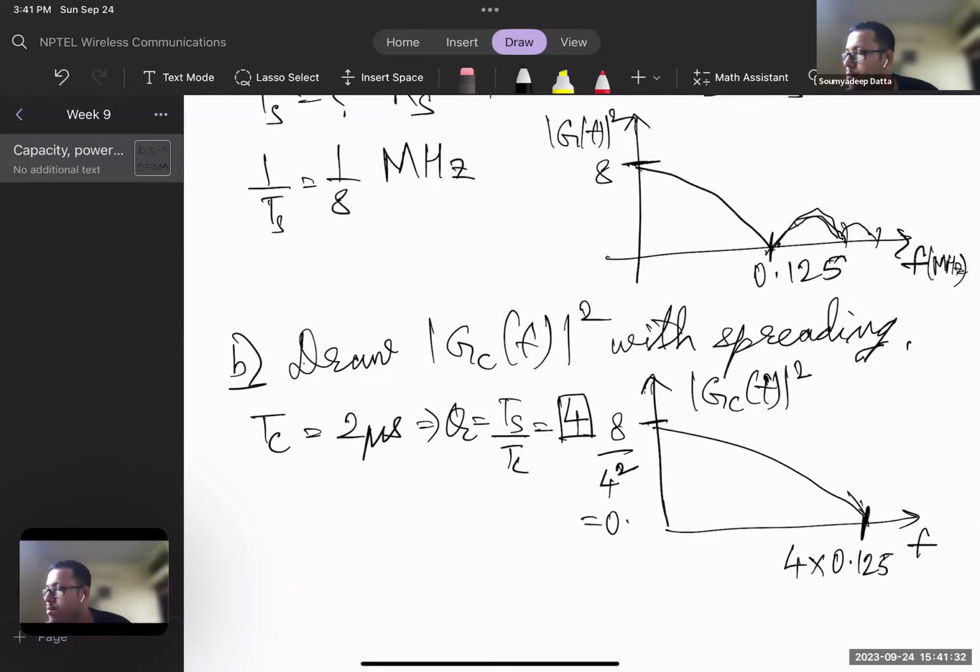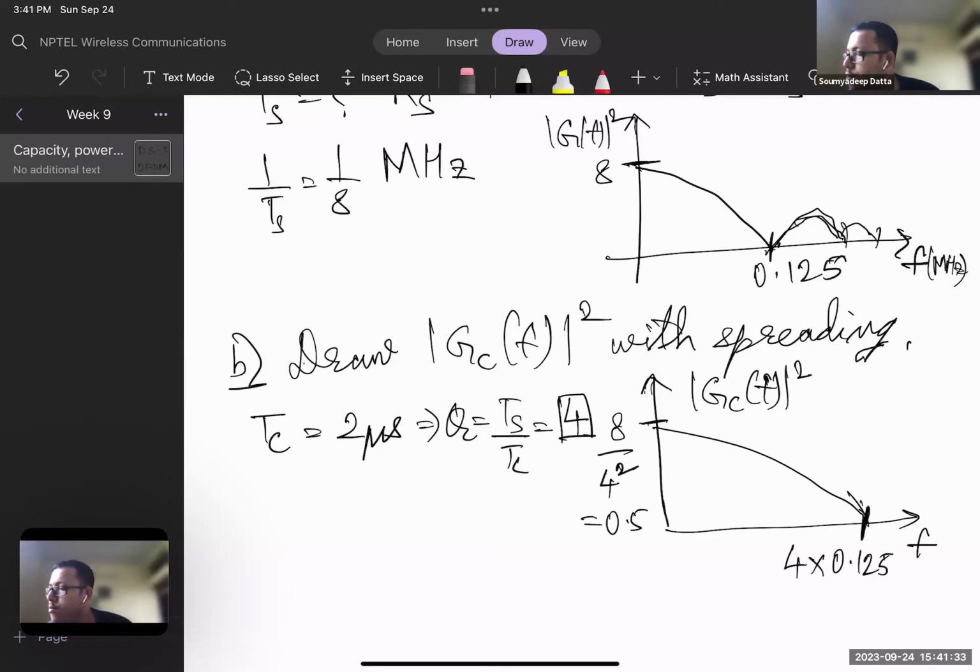So then this becomes 0.5, and this also comes out to be 0.5, I think. 0.5 megahertz. So this is in megahertz, and that is just the magnitude. Not too concerned about the unit.